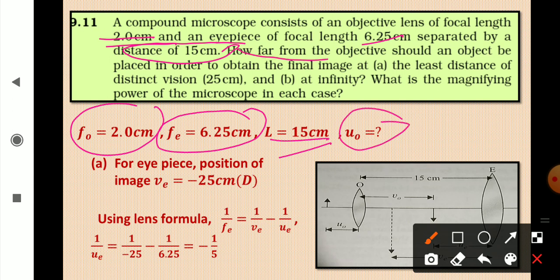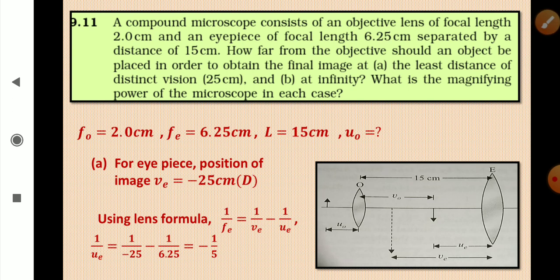See, how far from the objective should an object be placed in order to obtain the final image? That means you have to find the object distance from the objective lens.